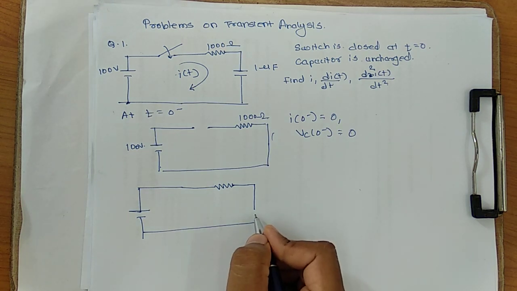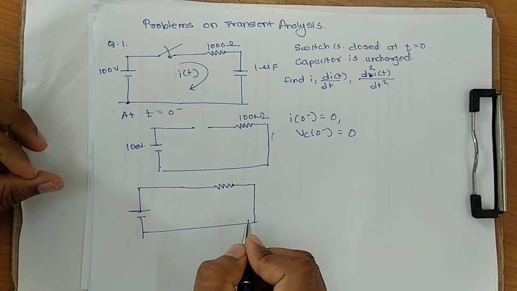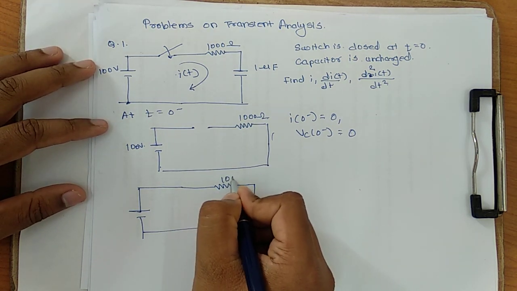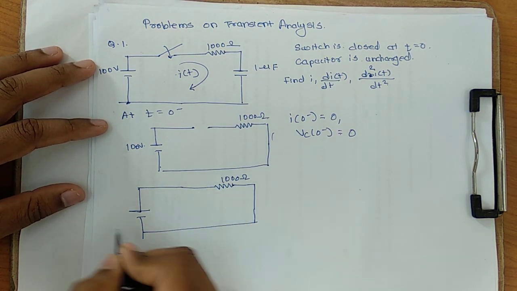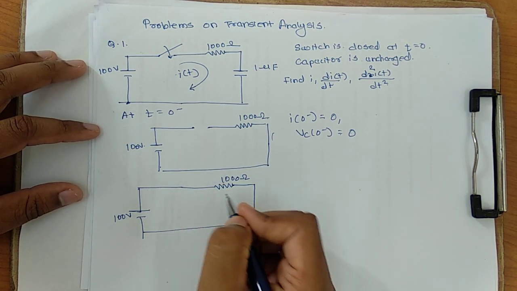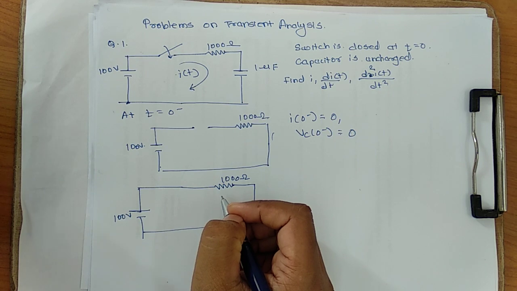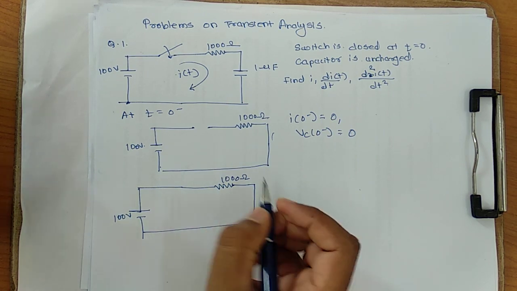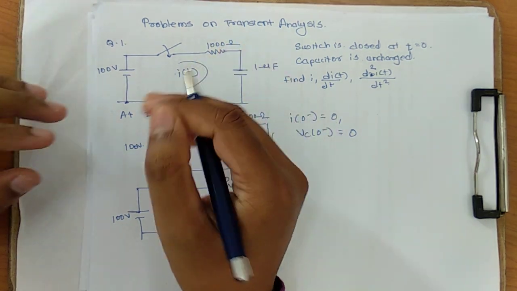Capacitor is not going to change, it is again a short circuit. Why is it a short circuit though the switch is closed? Because when you apply the switch, suddenly at that moment the voltage will not be created across that capacitor, it will require time.